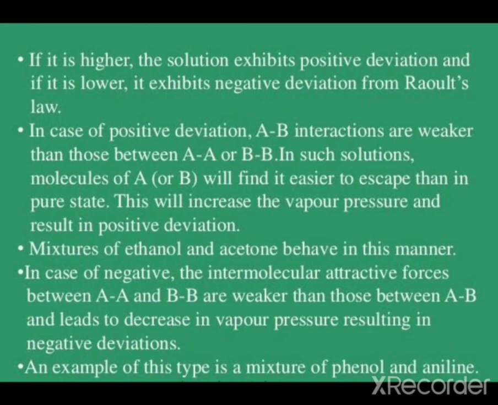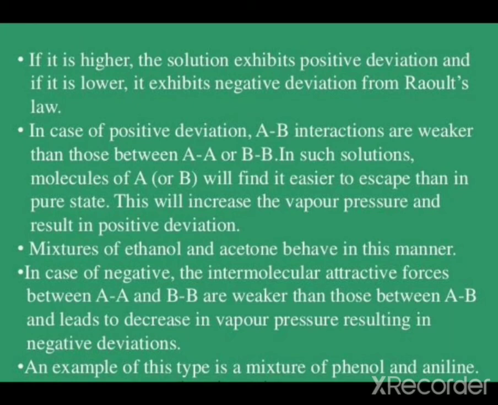So if the vapors can easily escape, it means there will be an increase in the vapor pressure of the solution. So this is the reason why solutions with positive deviations have the total vapor pressure, that is the vapor pressure of the solution, higher than that predicted by Raoult's law.